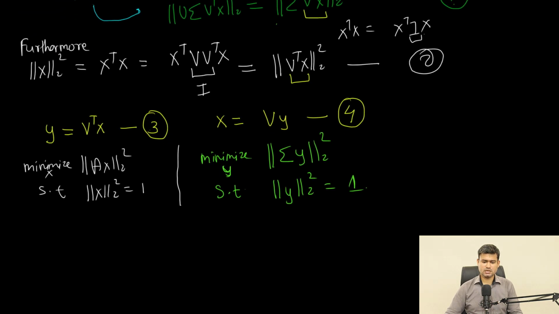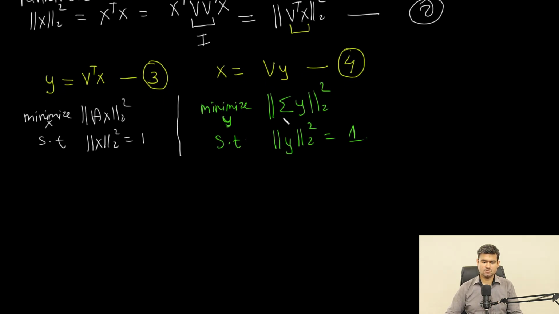So the equivalent optimization problem is minimize the norm of sigma times y squared subject to the constraint that the norm of y squared is equal to 1, where y is equal to V transpose x, or equivalently x is equal to V times y.